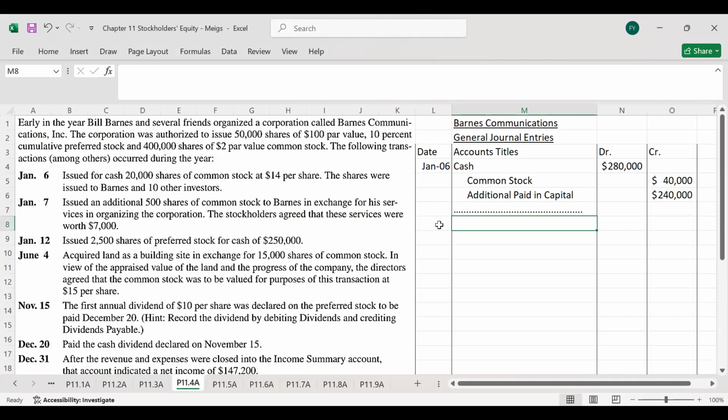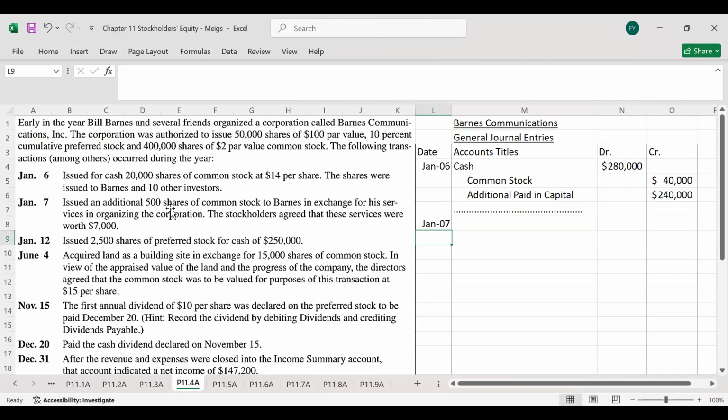On January 7, another entry. The company issued an additional 500 shares of common stock to Barnes in exchange for his services in organizing the corporation. Means these are the preliminary expenses.